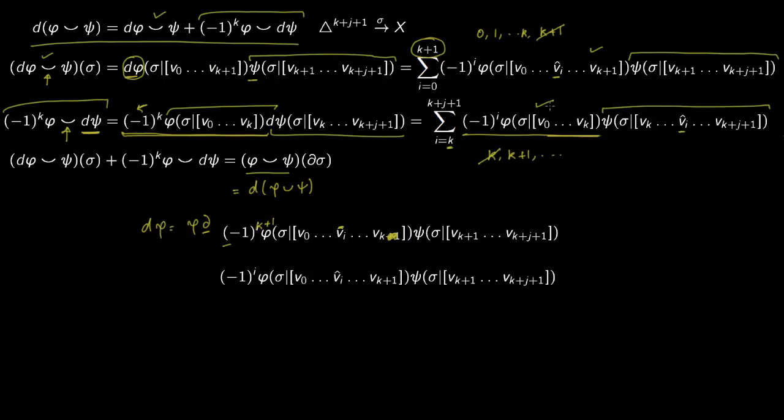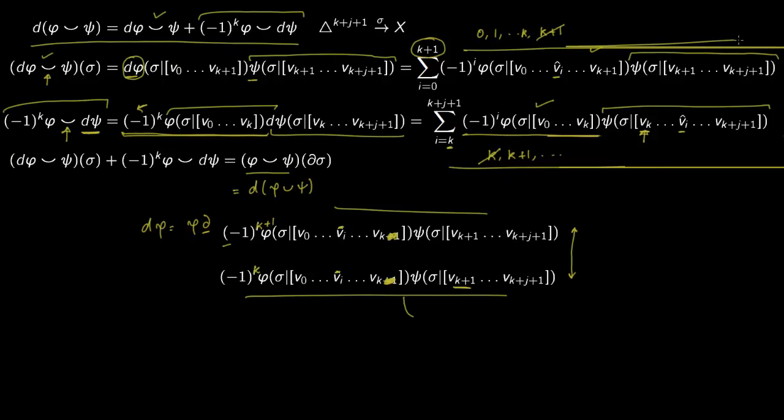From this expression, your kth term would be starting with k right here, and by definition you have all the vertices still k, but here the kth vertex would be missing, because your hat will come to the first vertex. So you will start from k plus 1. Now you can see both of them are exactly the same. This term comes from this, and the top form comes from this.